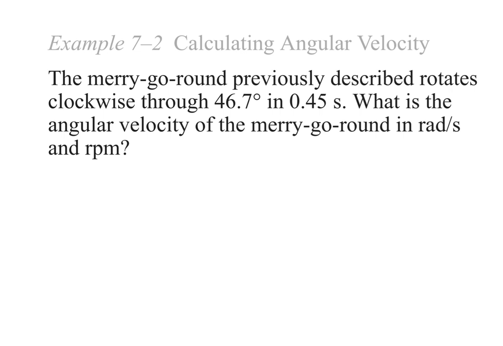All right, so I do this a little bit differently because I look at it as part of a circle. When I think of 46.7 degrees, I think, what part of a circle is that? So I actually set up a ratio. It's negative movement, 46.7. How much is one circle in degrees? 360. Since they gave it to me in degrees, I'm going to do that. I'm going to say I have 46.7 out of 360 degrees.